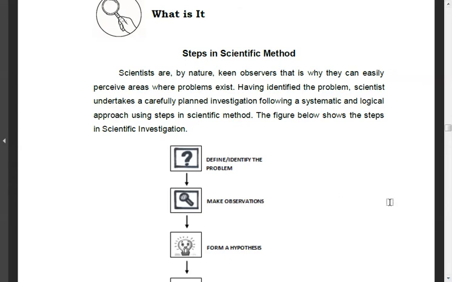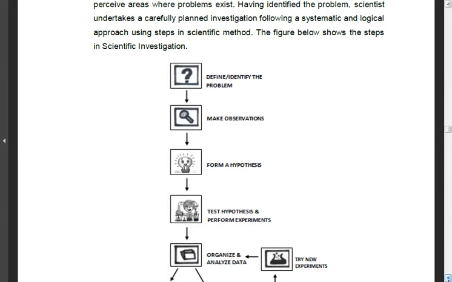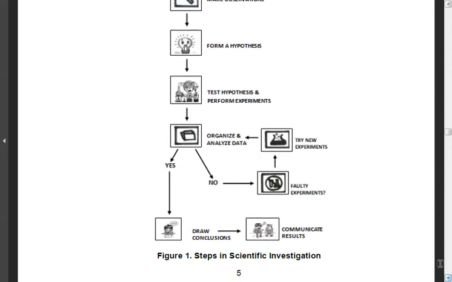There are different steps in our scientific investigation. You have here 1, 2, 3, 4, 5, 6, and 7. This diagram will show you how they do it.